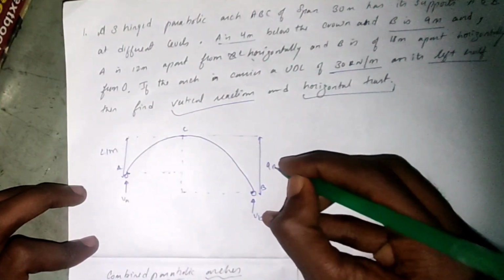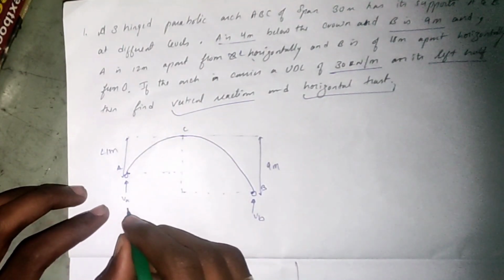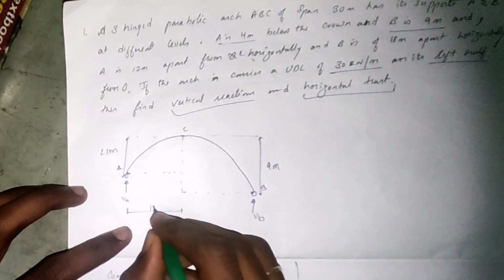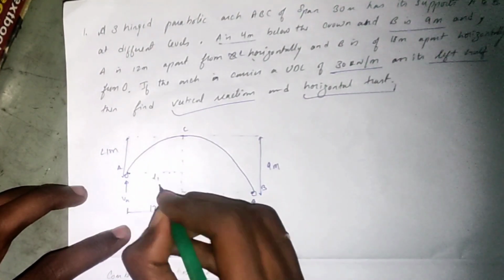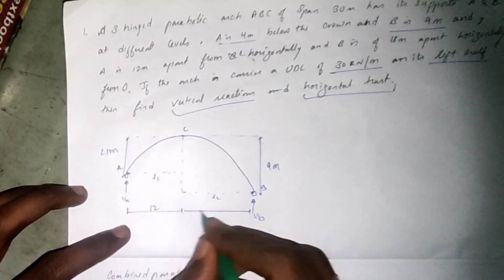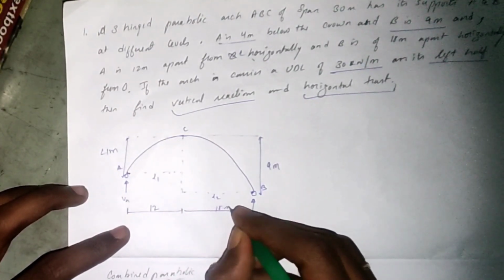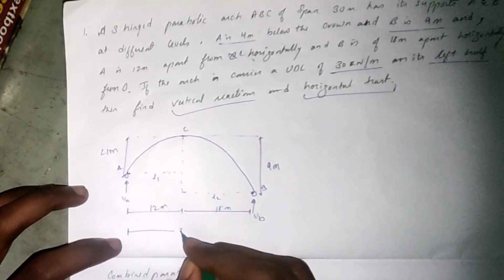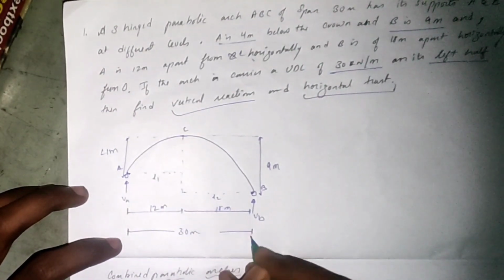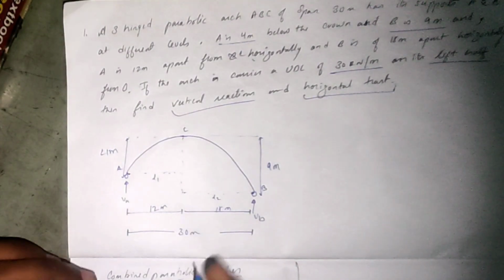This is 9 meters. This is 12. This is L1. This is 18 meters. So combining, 30 meters. So this is the figure.